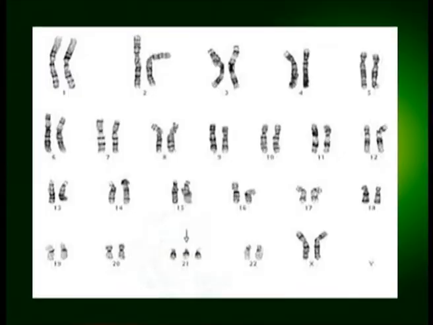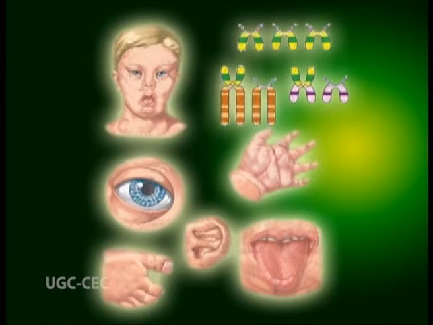Although Down syndrome was earlier reported with its features, the extra chromosome 21 as the real cause for Down syndrome was first identified by Jerome and his colleagues in the year 1959. So, that is one of the major findings in case of chromosomal aberrations.